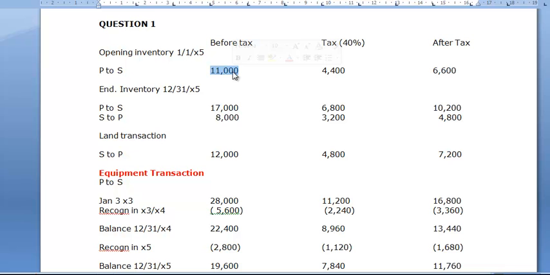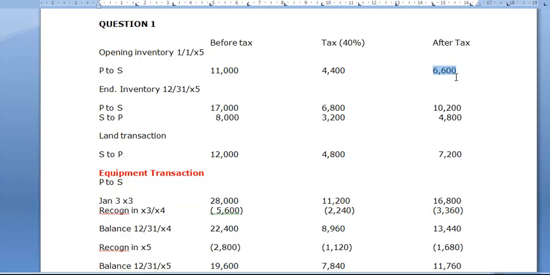Because we are in X5, this amount of after-tax profit will be shifted into X5, because we assume that since inventory is a current asset, unless we're told otherwise, that inventory would have been sold during X5 by the sub to a third party. So this amount of $6,600 is going to adjust the parent's income upwards this year to record that profit for the consolidated entity.